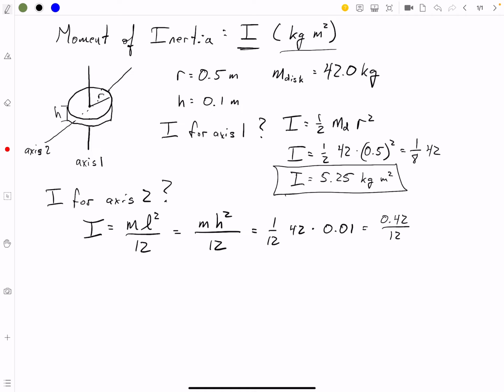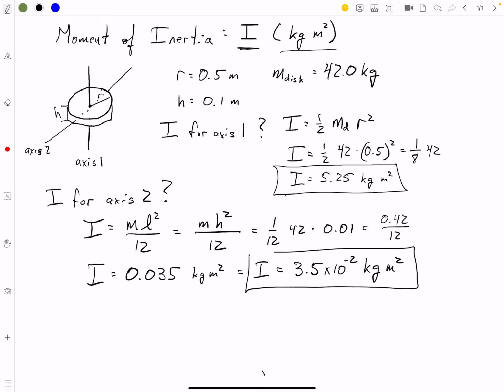Divide that and we get 0.035. So I equals 0.035 kilogram meters squared. And we can rewrite that the way we properly should rewrite it. I equals 3.5 times 10 to the minus 2 kilogram meters squared.